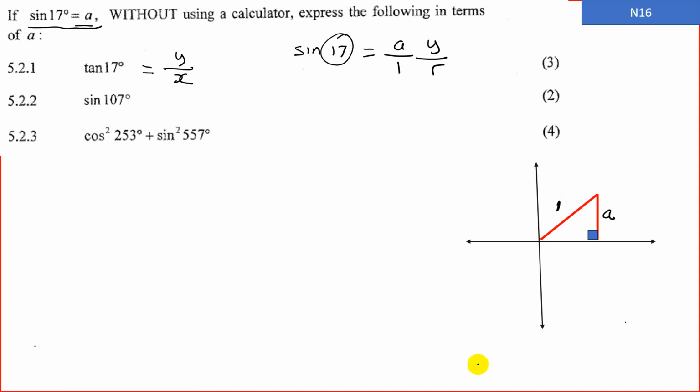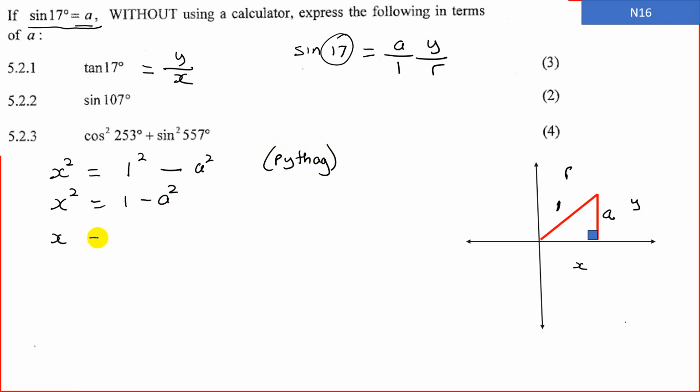Using Pythagoras, I'm going to work out x. x squared is equal to the radius 1 squared minus y, which is a squared, and my reason is Pythagoras. That gives me x squared is equal to 1 minus a squared, and to find x I find the square root of 1 minus a squared. Now x is positive there, so we can leave it in that form.